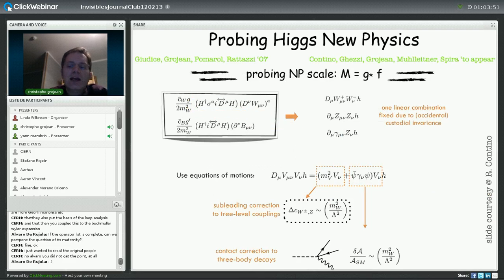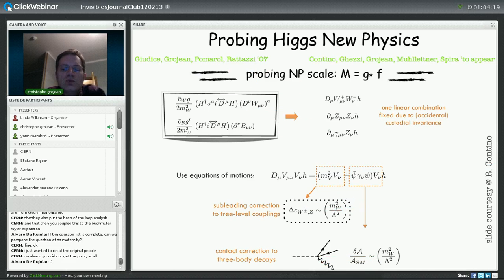If you look now at the operators that are suppressed by the mass scale of new physics, M rho, capital M in the previous description, you can convince yourself that they give rise to modifications to the inclusive rates that scale like the mass of the W divided by the mass scale of new physics. And of course, this is in principle a smaller modification compared to the previous operators.